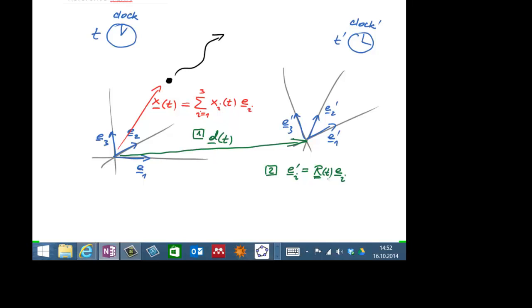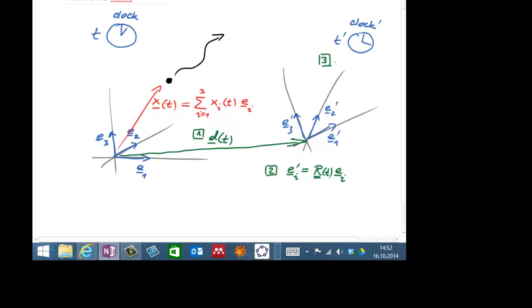And then there's a third possible difference. As I mentioned, your colleague might also use a different clock. So it may also be the case, and this is number 3, that actually the time is different.